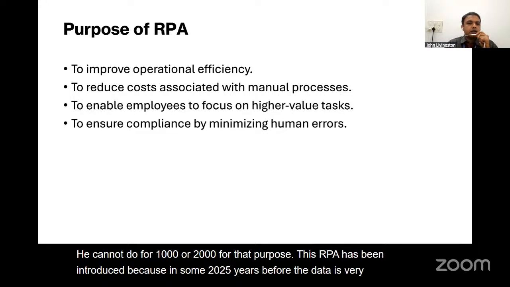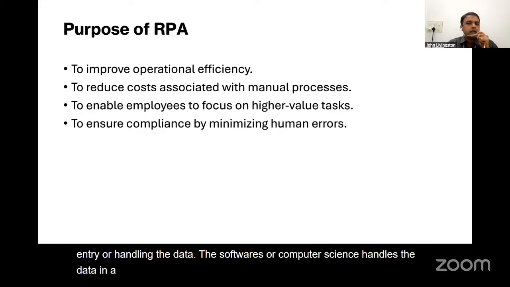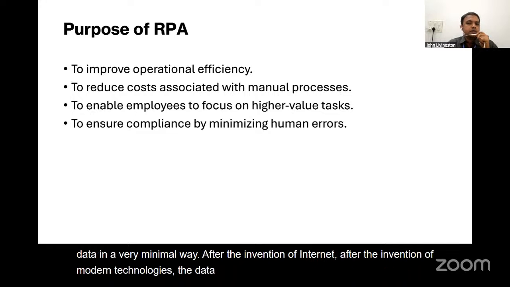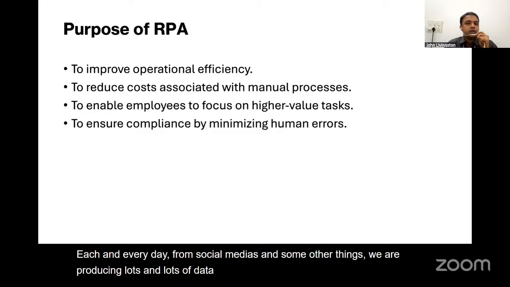The softwares or computer science handled the data in a very minimal way. After the invention of the internet and modern technologies, the data has increased. We are producing lots and lots of data each and every day from social media and other things, lakhs and crores of data.